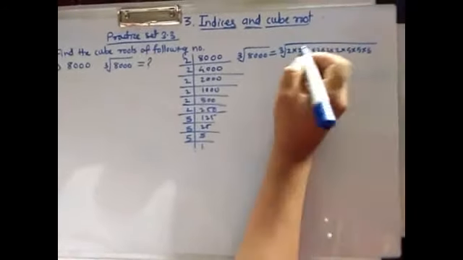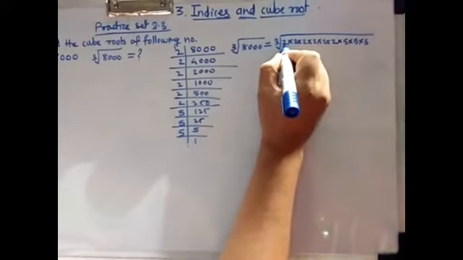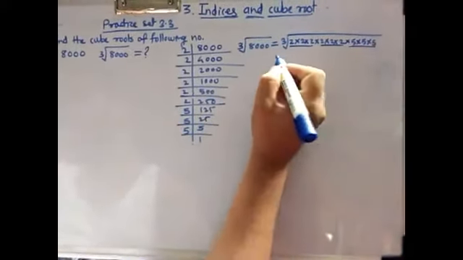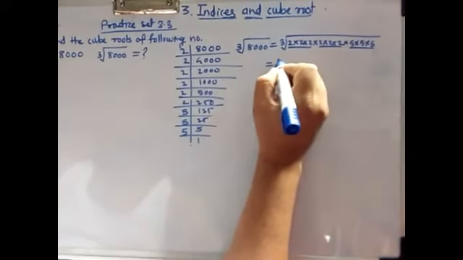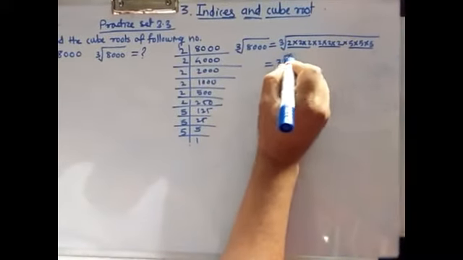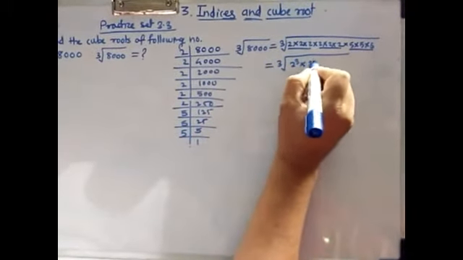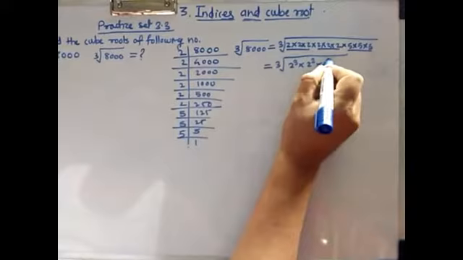Now we can make groups of 3 of 2, making two groups, so we write the cube root of 2 raised to 3 into 2 raised to 3 into 5 raised to 3.